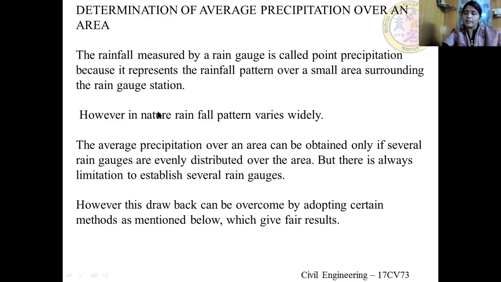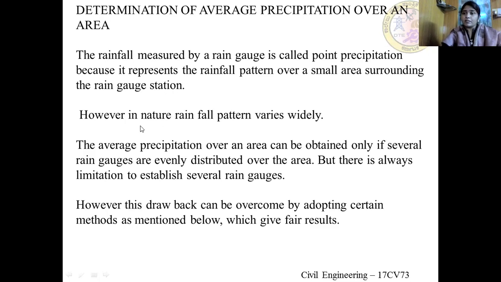When the area is less than 50 square kilometers, a single rain gauge station will give us directly the rainfall amount in that area.